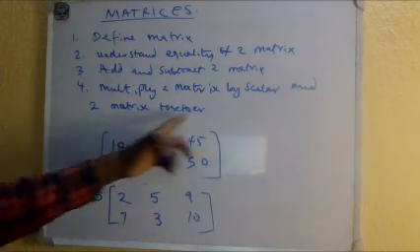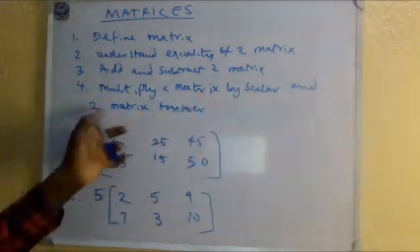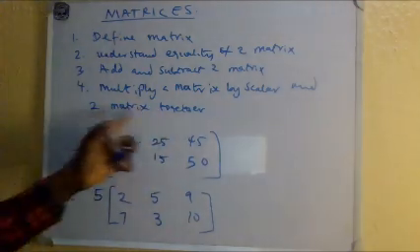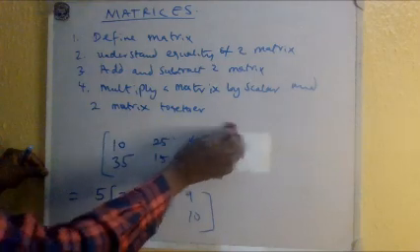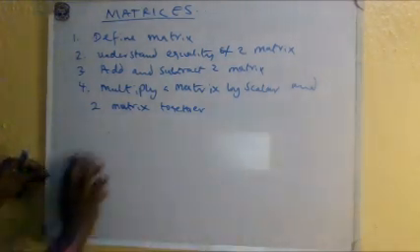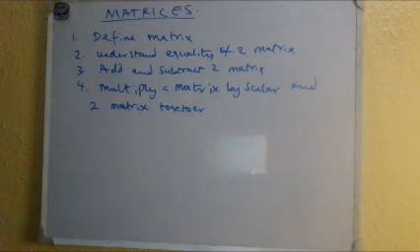Then the final one is multiplying 2 matrices together. Okay. So before you multiply 2 matrices together, you must ensure that the number of rows of one is equal to the number of columns of the other. So 2 matrices can be multiplied together when the number of columns in the first is equal to the number of rows in the second.